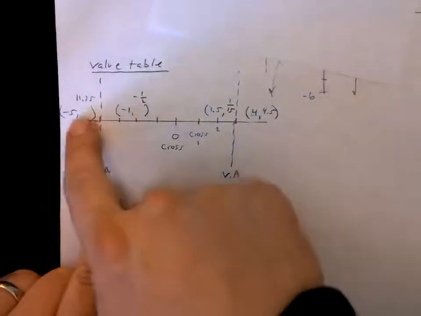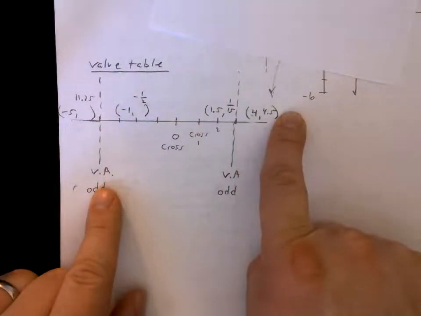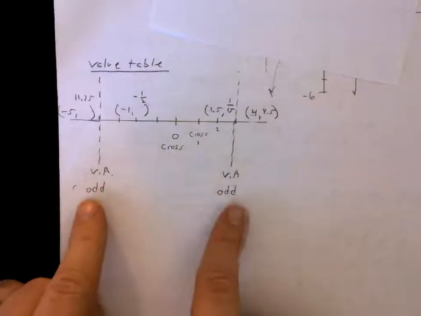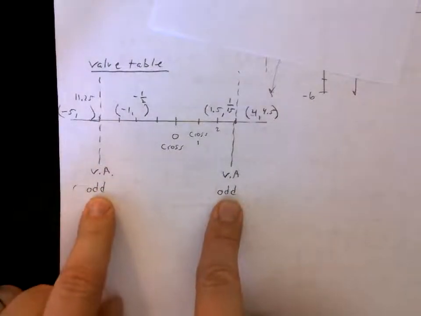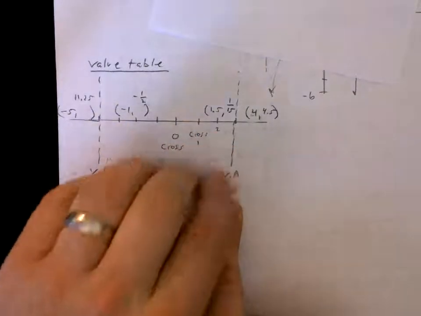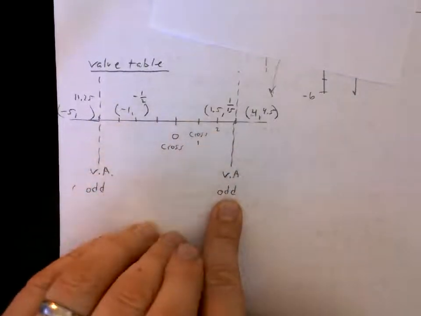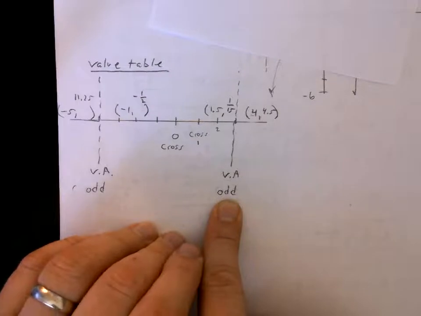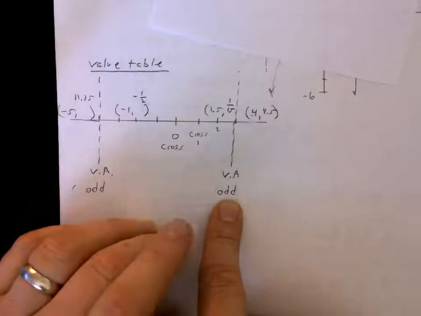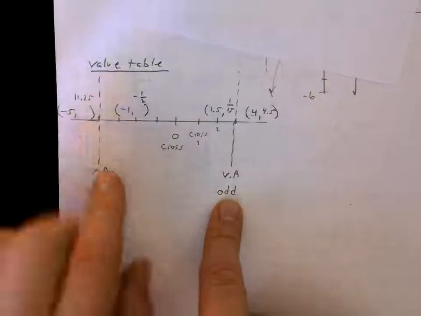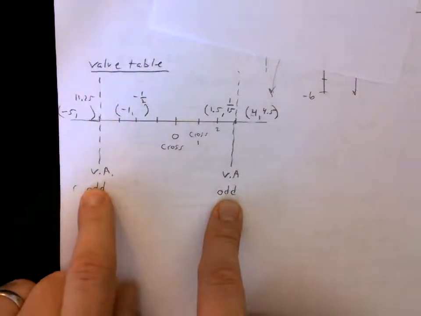I'm going to make a little table of x values, and I'm going to make sure I put my vertical asymptotes in. Then I'm going to ask, do I have any x-intercepts? Then I'm going to start picking some other points to help me out that are not on the vertical asymptotes.